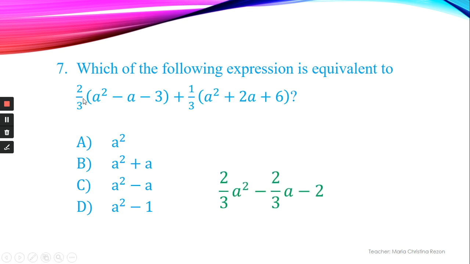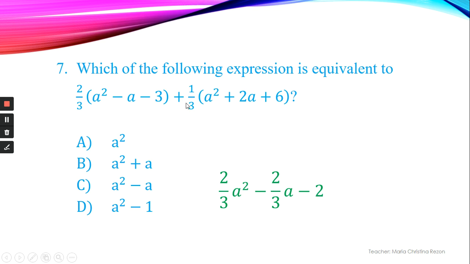So 2 over 3 times a squared is 2 over 3a squared. 2 over 3 times negative a is minus 2 over 3a. And then 2 over 3 times negative 3 gives you negative 2.